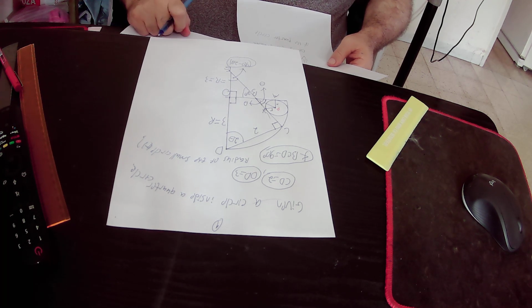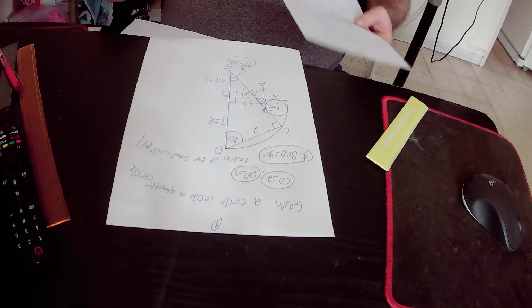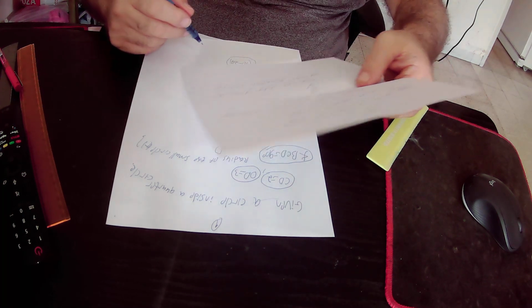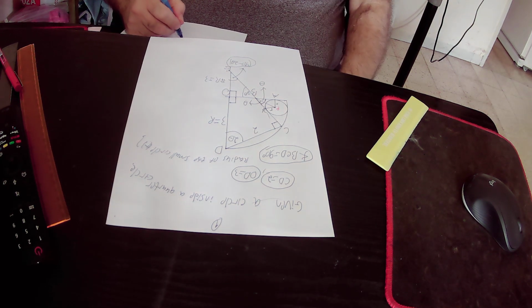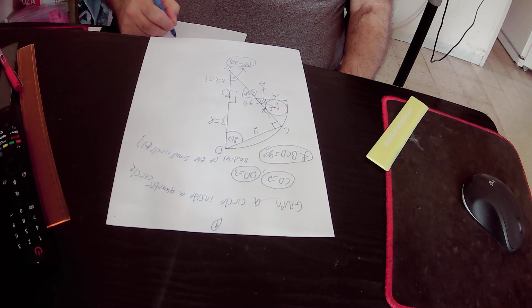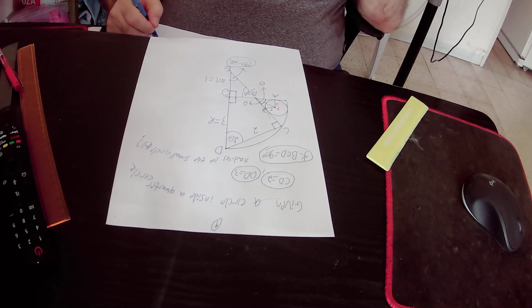OE equals 3 units. So we can write down that DO equals capital R and OE also equals capital R, and both those two radii of the quarter circle are equal to 3 units.